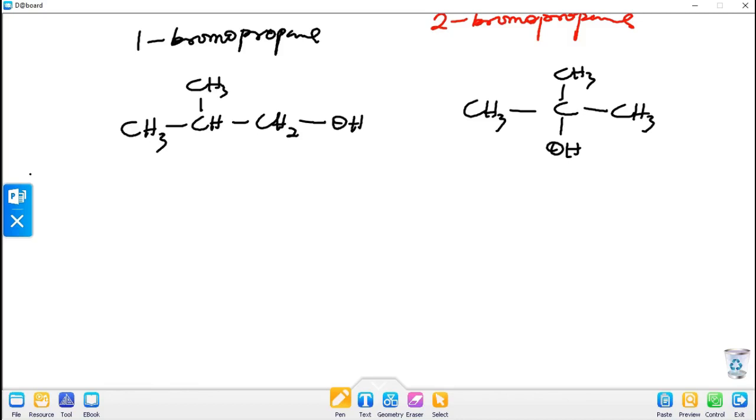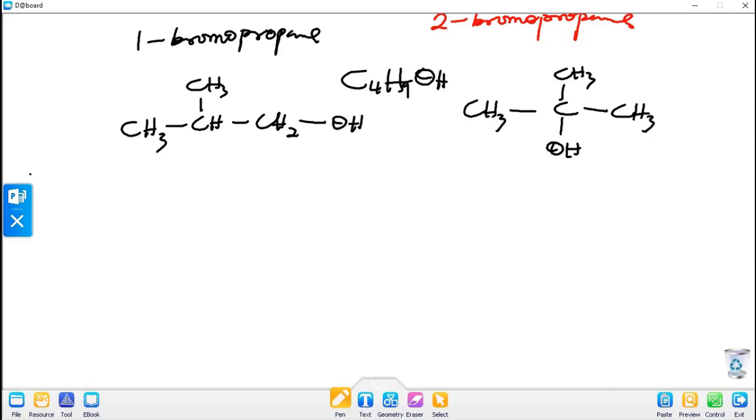Looking at these two compounds, they both have the same molecular formula: 4 carbon atoms, 9 hydrogen atoms, and 1 OH.